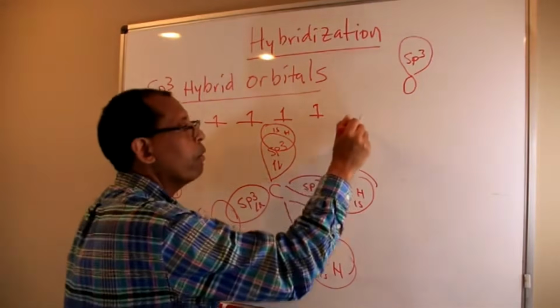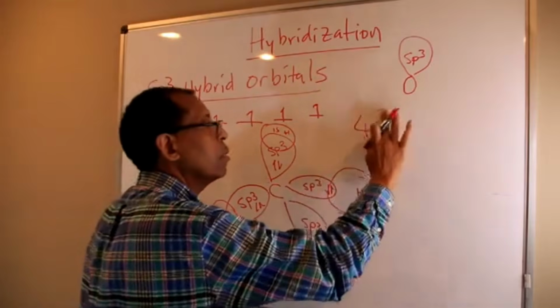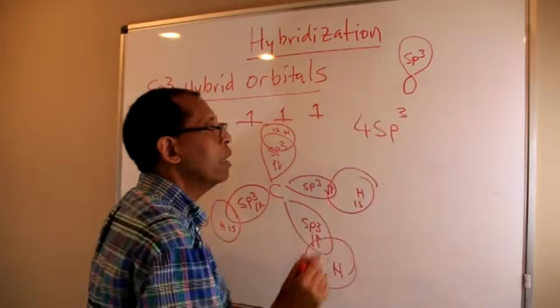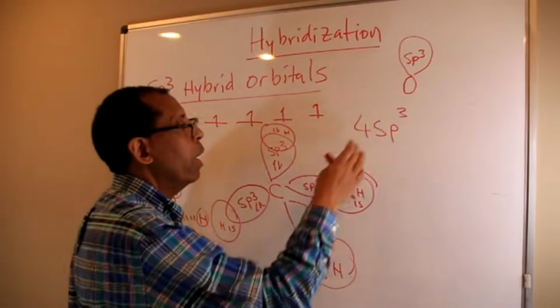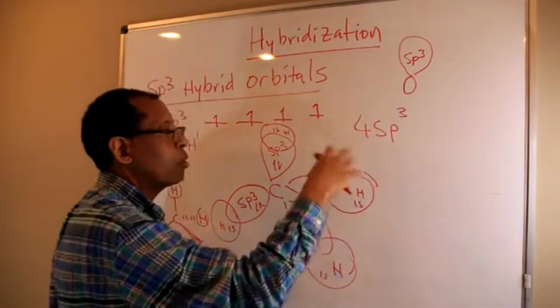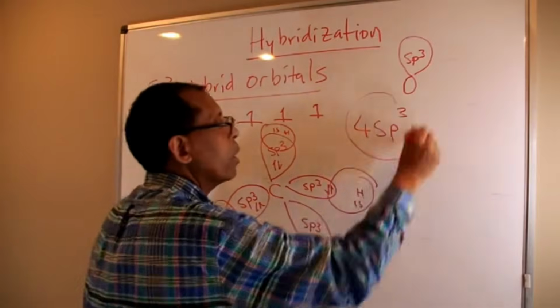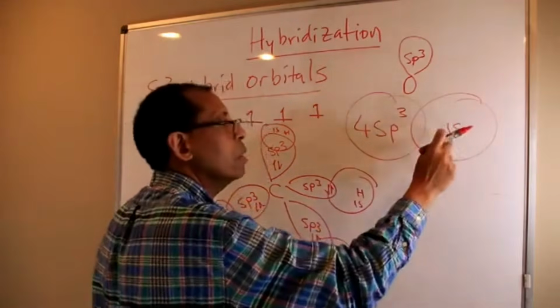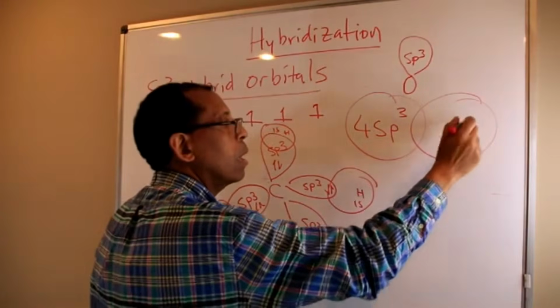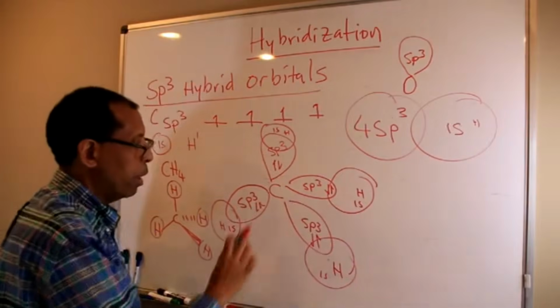So 4 of the sp3 hybrid orbitals, where 3 means 3 of the p and 1 of the s, with a total of 4 electrons on them, overlapping with 1s, are actually what is making the 4 bonds.